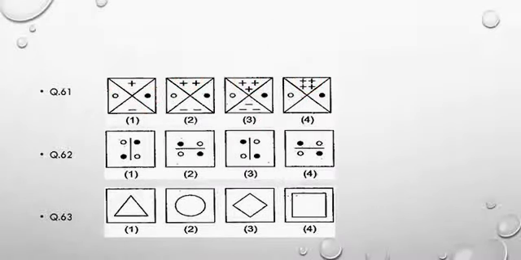Let's go to question number 62. In question number 62, there is one line either vertical or horizontal, and on either side of the line there are black dots and white dots given. So let's again observe these 4 options carefully, and let's first locate the position of each design in each problem figure.